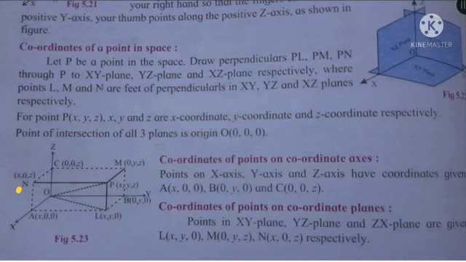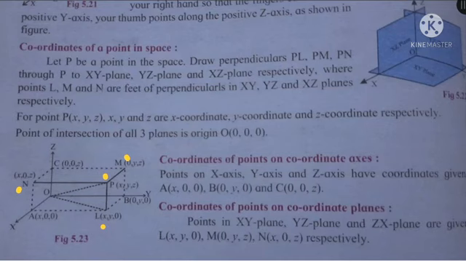Sorry, point N is in the XZ plane, so its y coordinate is 0 and x and z coordinates are present. Point M is in the YZ plane, so its x coordinate is 0, and point L is in the XY plane, so its z coordinate is 0. Now observe point P. Point P lies in space. How do we find its coordinates? We draw perpendiculars to the x, y and z planes and we find the coordinates of point P.